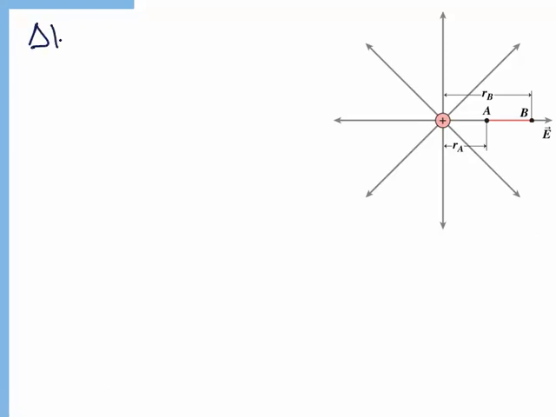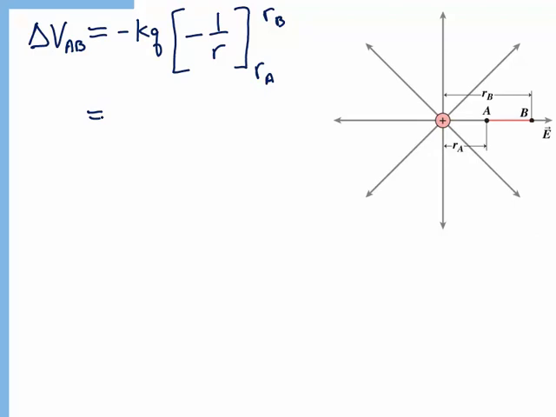So delta VAB is equal to minus KQ, and now we're evaluating minus 1 over R from RA to RB. Before I do that, let me make it simple on myself and get rid of the minus sign. So we have KQ times 1 over R, evaluated from RA to RB.